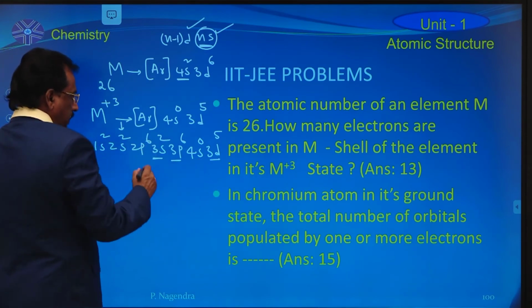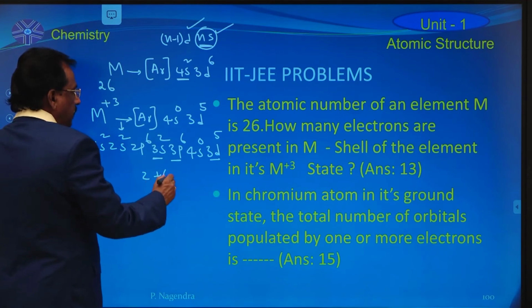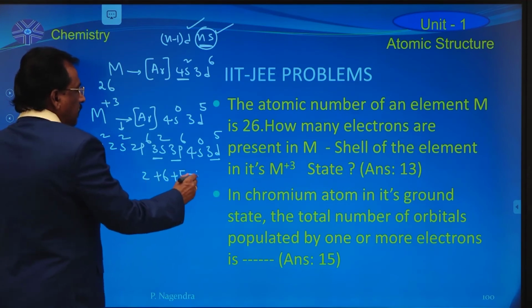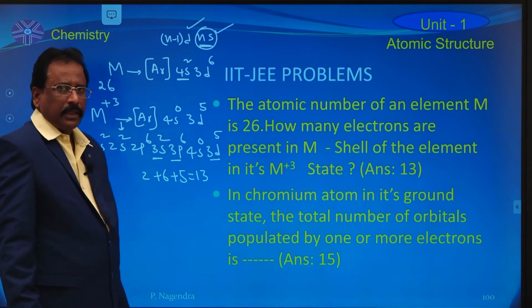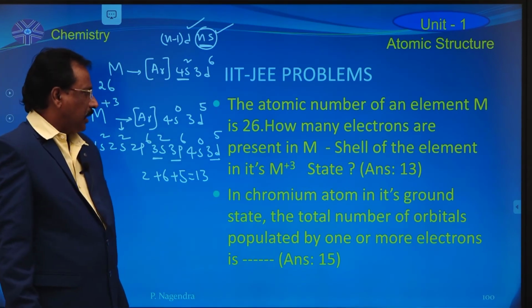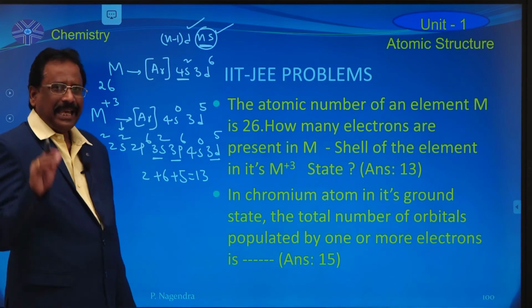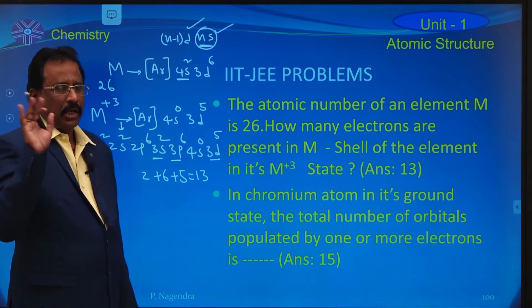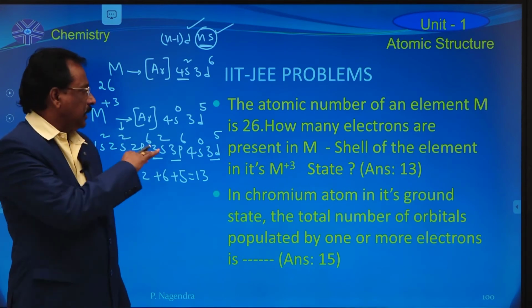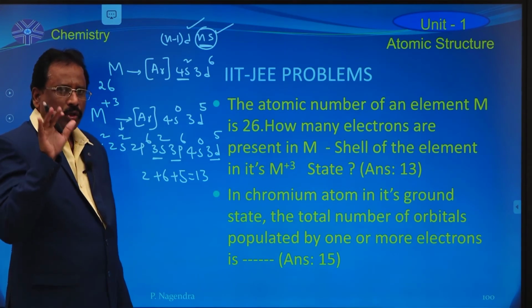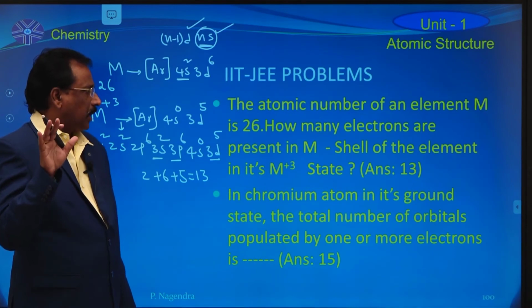So 2 plus 8 plus 5, that is equal to 13 electrons are present in the M shell of M+3 ion.